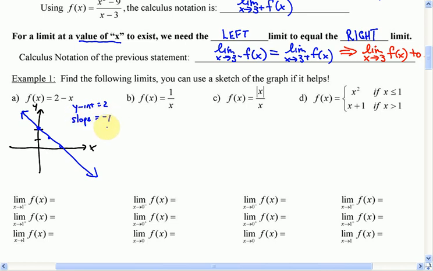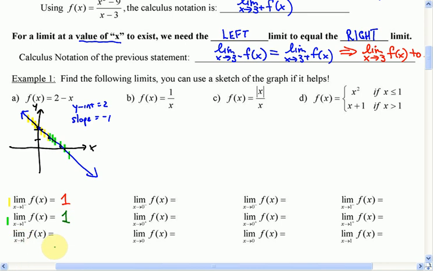Now I'm asking you, in this case, find the following limits. The limit as x approaches 1 from the left, so that'll be me traveling from the left going towards 1, and notice what the y value gets closer and closer to. I believe it's 1. And then as x approaches 1 from the right, as I come from the right, it seems like it's also approaching the number 1.